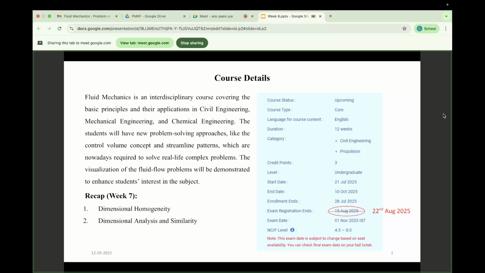Based on this, the course has been framed. In the last classes, in week 7, we studied dimensional homogeneity, and we also analyzed similarity between two models and which non-dimensional number we need to use.